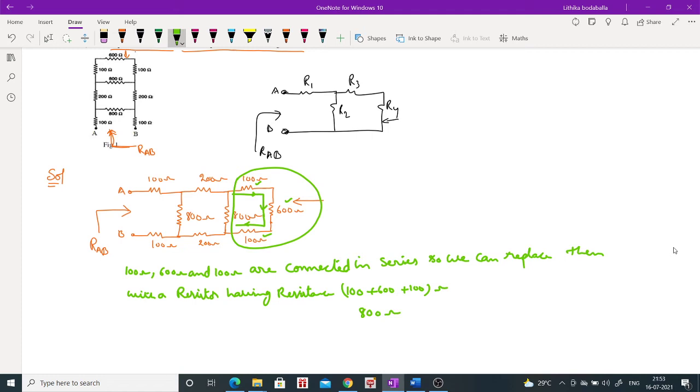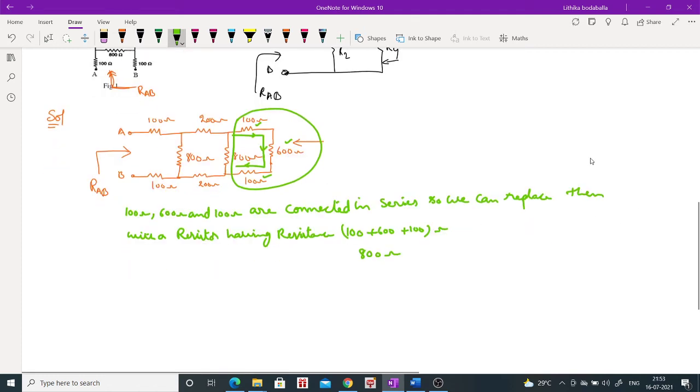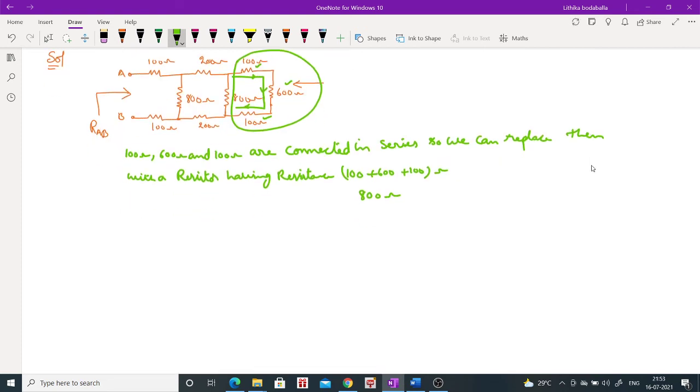So let me redraw the circuit by replacing those three resistors with a single resistor having 800 ohm as the resistance.